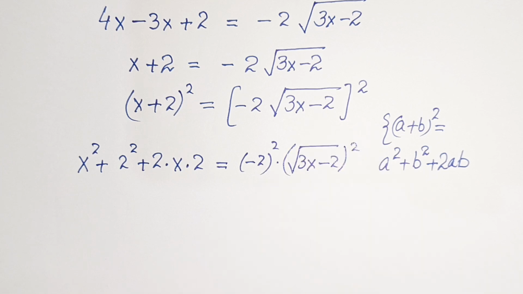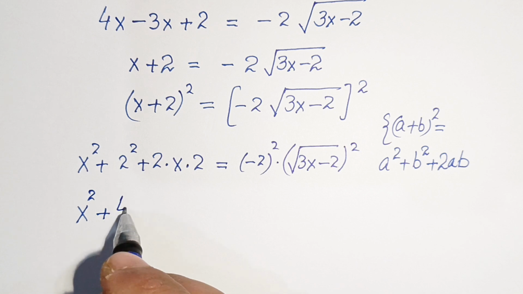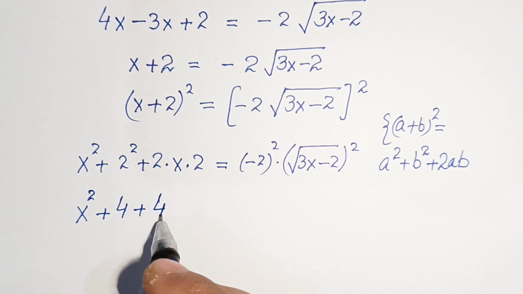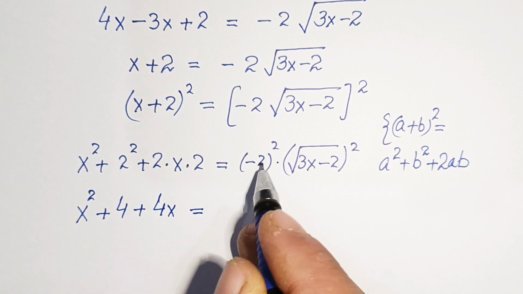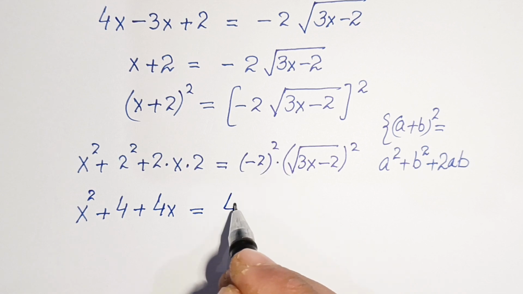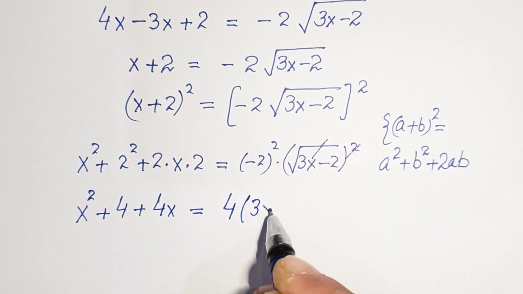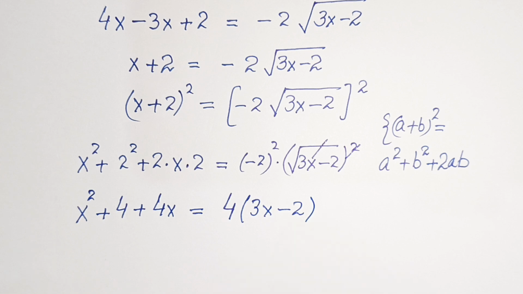We just write it separately having squared. So our left hand side will be x squared plus 2 squared is 4 plus 2 times 2 is 4x, which is equal to minus 2 squared, as the exponent is even, so we write plus 4. This square is cancelled out with the square root, we get 3x minus 2.